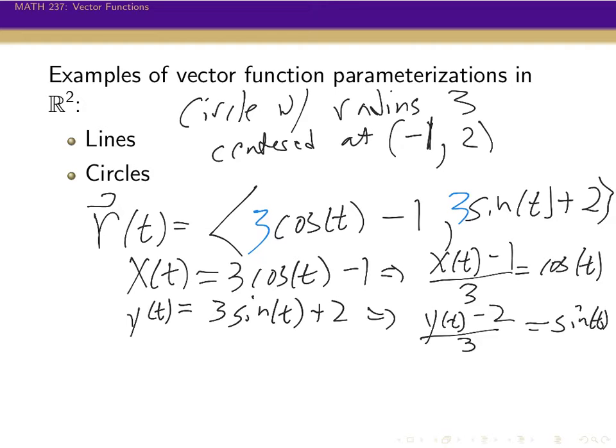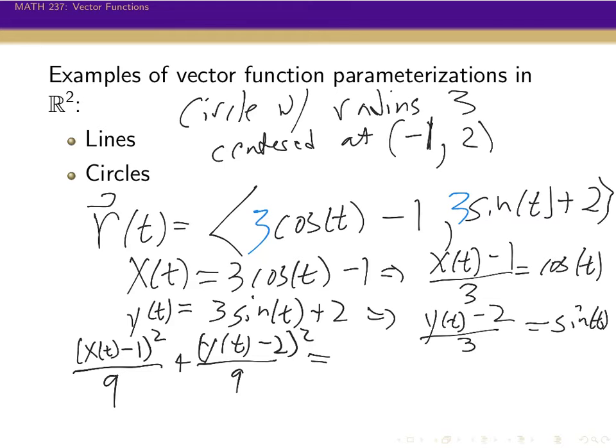Then using that same trick, that cosine squared plus sine squared is equal to 1, what am I going to end up with? I have x of t minus 1 squared over 3 squared, which is 9, plus y of t minus 2 squared, also over 9, equal to 1.